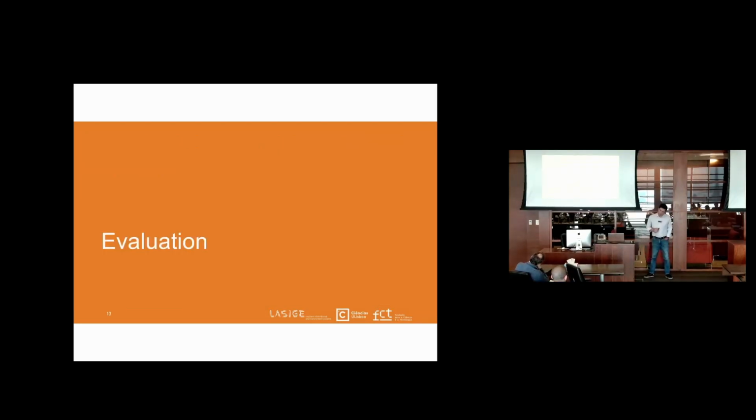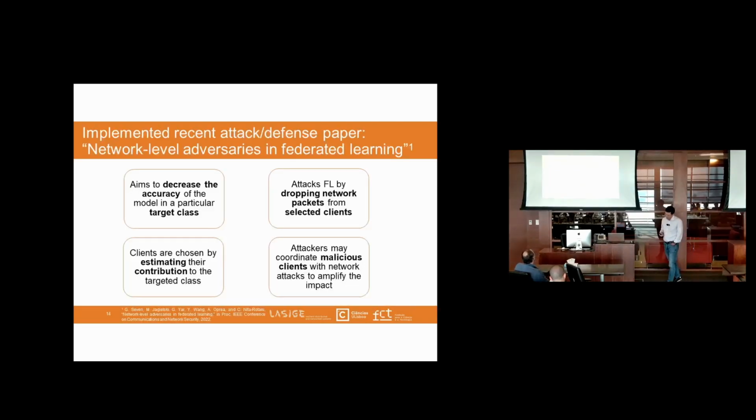Now, to do a first evaluation of FADO, we took a recent attack that did attacks at the network level and at the node level, and we ported it to FADO.